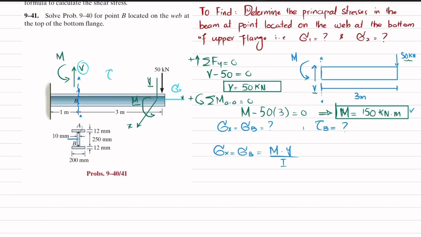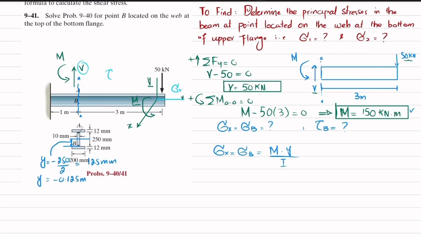If you take the mid axis of this beam, y is the distance from neutral axis till this point B. This y is downward, so it will be negative, and it will be equal to minus 250 divided by 2, which is equal to minus 0.125 meter. It is 125 millimeter, so in meter, it will be equal to this one.